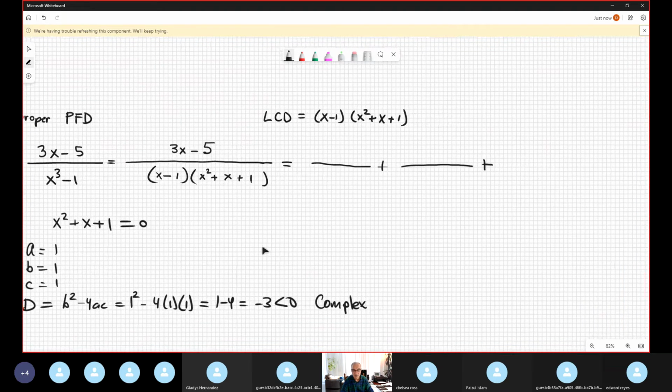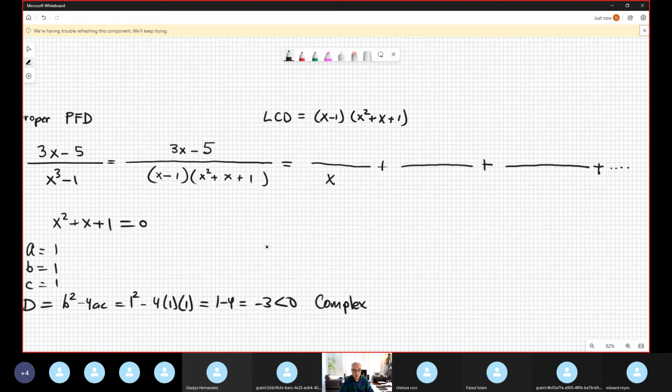How many partial fraction decompositions do you need to represent? How many? And which one? No idea? Three. Which one?